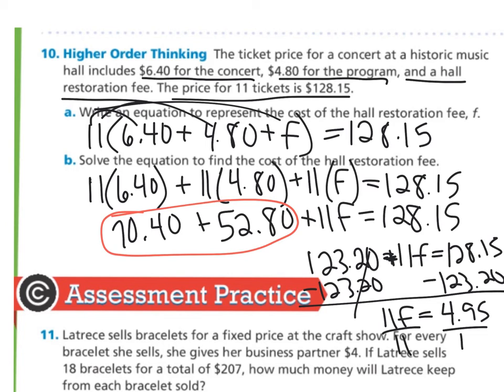And then we divide, which would be 45 cents. Okay, 0.45, so 45 cents. So not too bad for our hall restoration fee that we're being charged here.